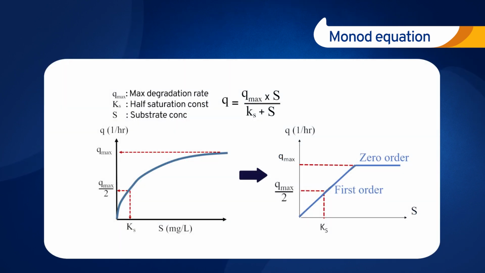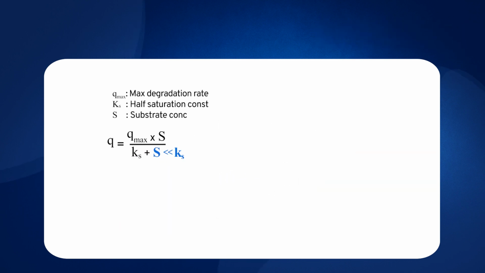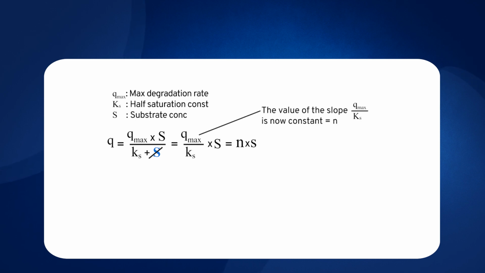An examination of the Monod equation reveals that it pretty much combines both zero and first-order kinetics as follows. When the organic matter substrate concentration is much smaller than the Ks, the S in the denominator can be neglected, and the rate follows a linear equation.